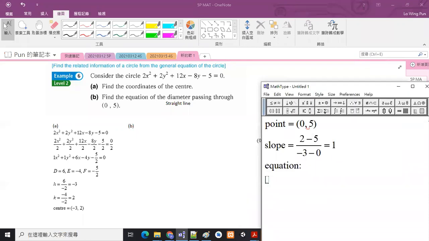So the equation will be y minus y1 equals m times x minus x1. And then simplifying the equation, y minus 5 equals 1x. And then move all the terms to the side where x is positive. 0 is equal to x minus y plus 5. Finally, write the equation on the left. That is the answer.